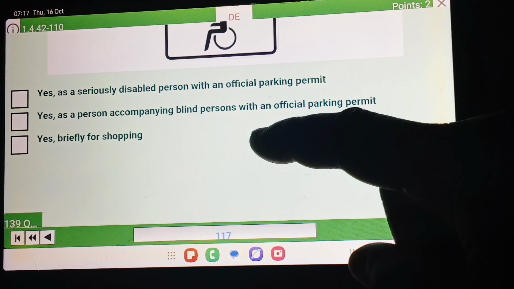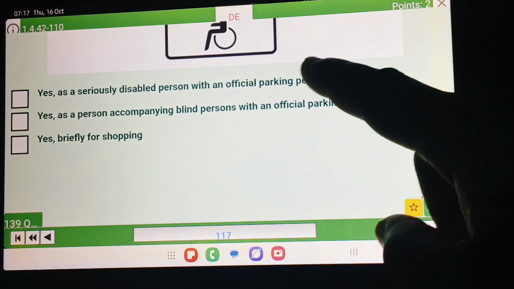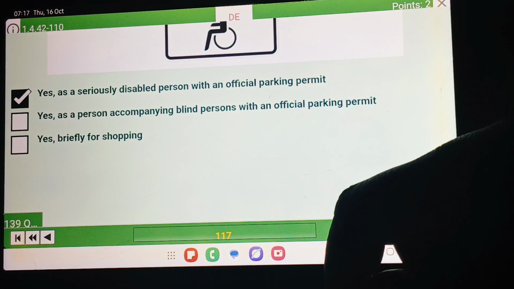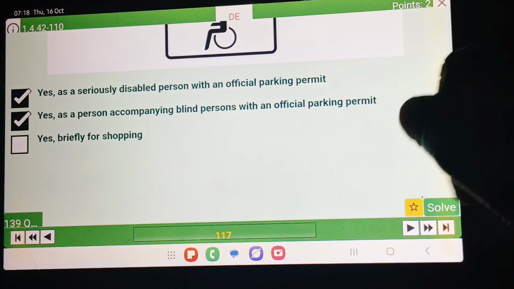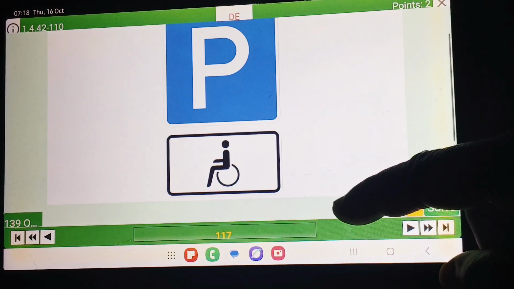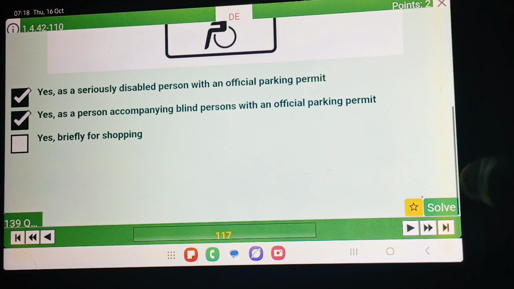Yes, as a seriously disabled person with an official parking permit, or as a person accompanying a blind person with an official parking permit. Make sure you have the parking permit as a disabled person.